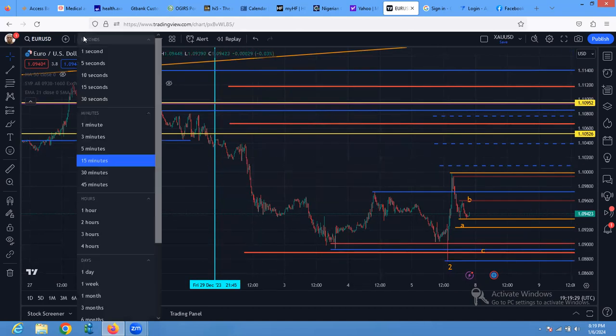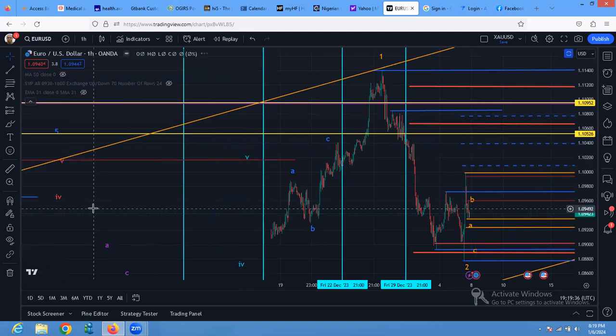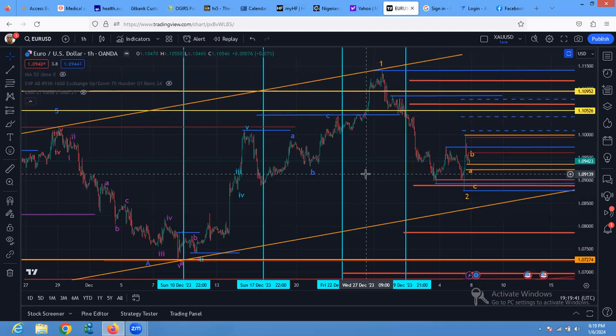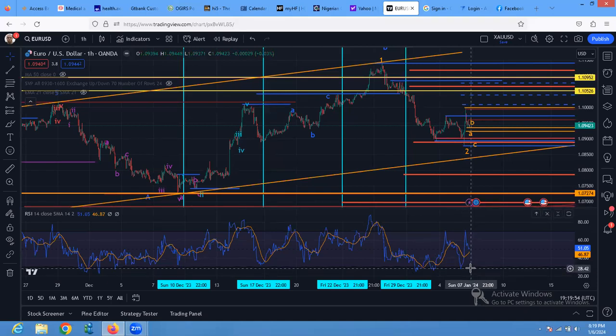So let me look at 1 hour time frame to further confirm. On a 1 hour time frame, let me bring out the RSI. So the RSI is lowest at this point. And at this point of 5, it's high, a bit higher, you can see.